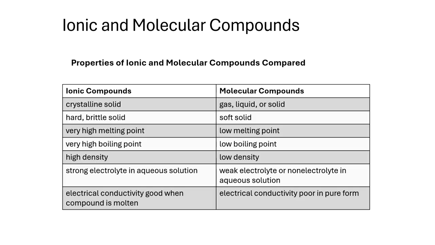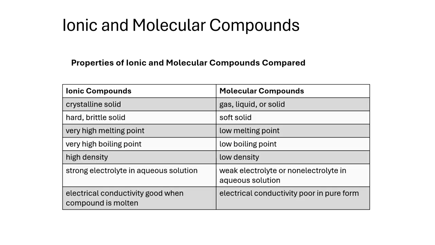Molecular or covalent compounds, on the other hand, can be gases, liquids, or solids. When you go to the gas station and you pump gasoline, that's a liquid. Natural gas, when you handle that, is typically a gas. Paraffin wax tends to be a solid. When they're solids, they tend to be much softer than ionic compounds.